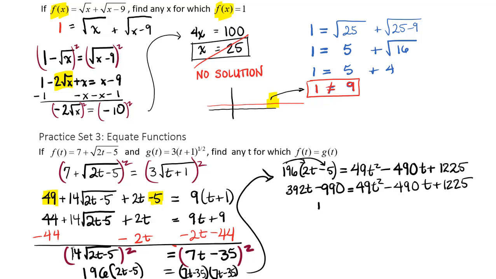Now we're going to add 990 to both sides, and we're going to subtract 392t. On the left I have 0, and now I have a quadratic.